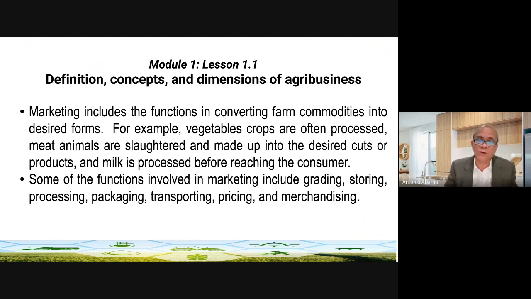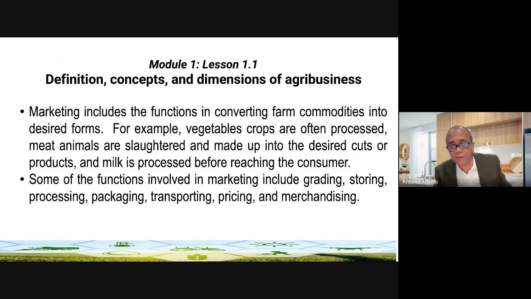variety. For example, vegetable crops are often processed, meat of animals are slaughtered and made into desired cuts, or you have desired preparations or products, and milk is processed into a lot of other types of products.